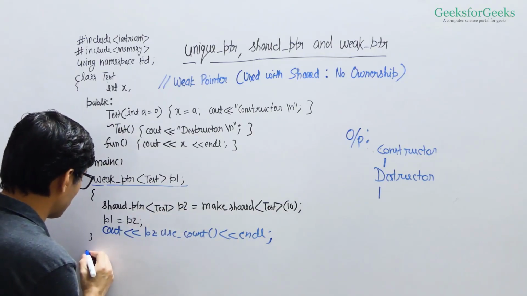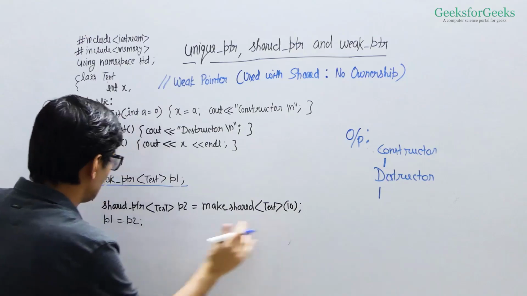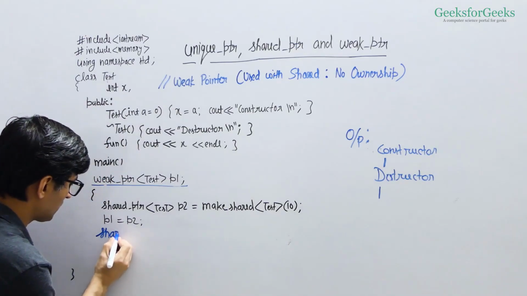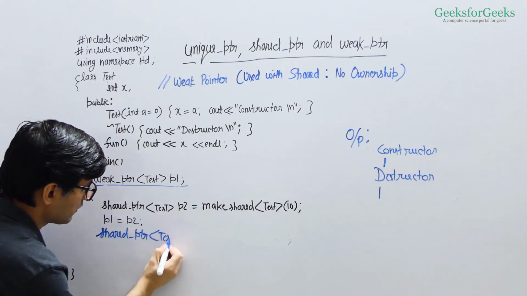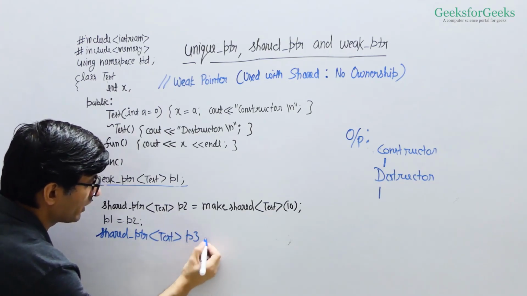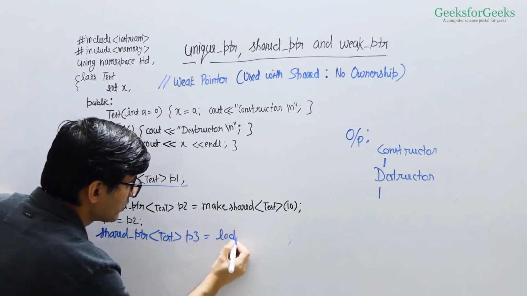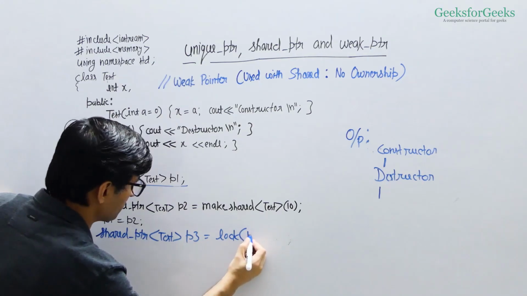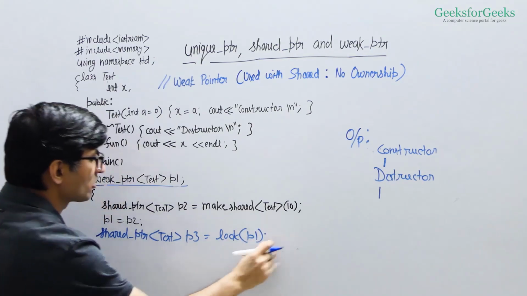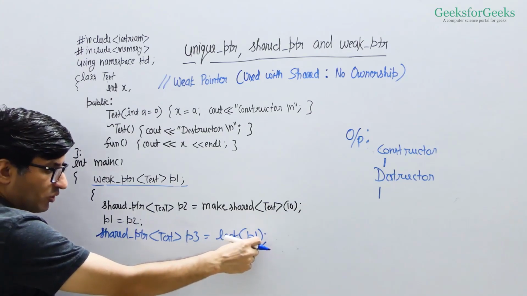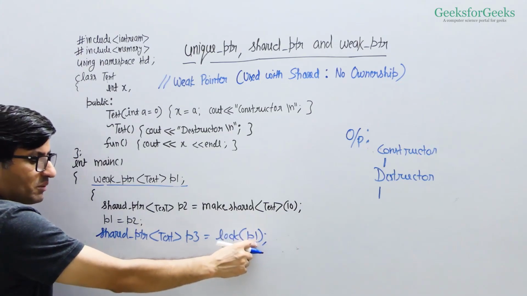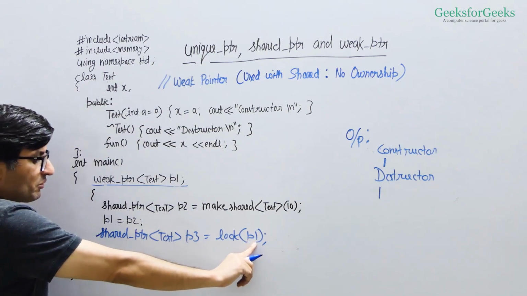So I can create a shared pointer here, P3, and I can say lock P1. P1 is a weak pointer, and this lock function returns a shared pointer corresponding to the object which is being pointed to by weak pointer P1.